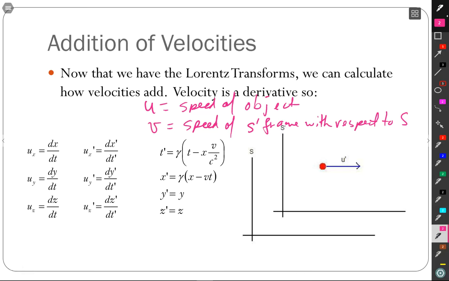And so Ux is dx dt, that's the definition. Uy is dy dt. Uz is dz dt. Nothing shocking there. And of course, if you're in the prime frame, you just put primes on everything. What we want to do is relate Ux with Ux prime, Uy with Uy prime, and so on.